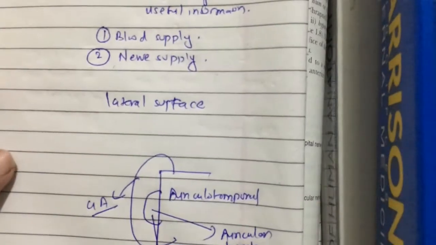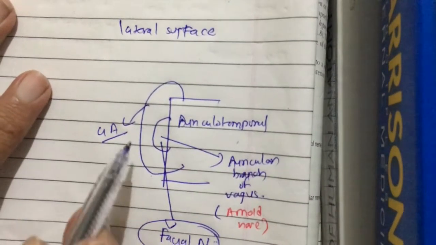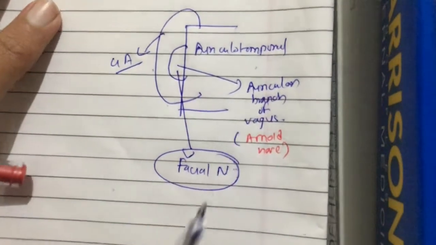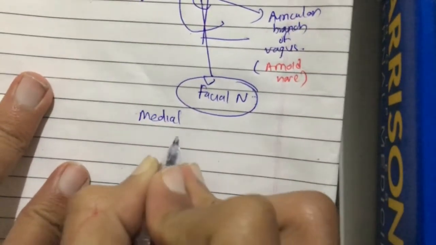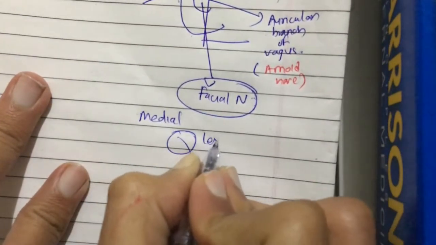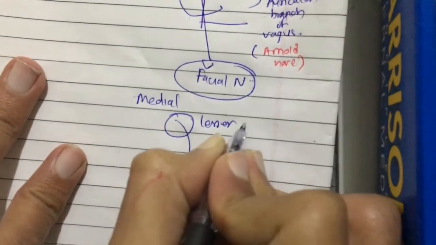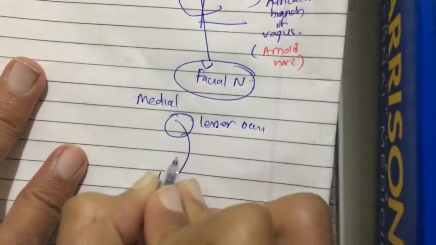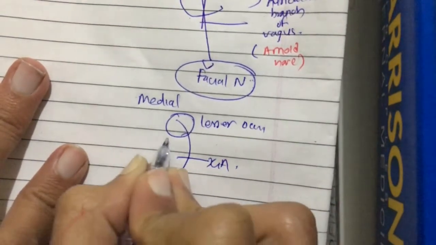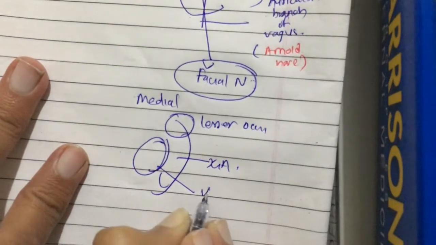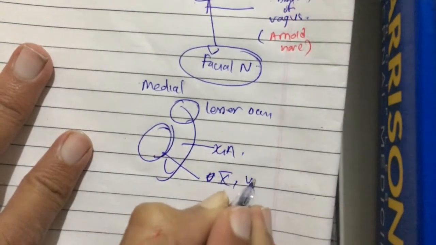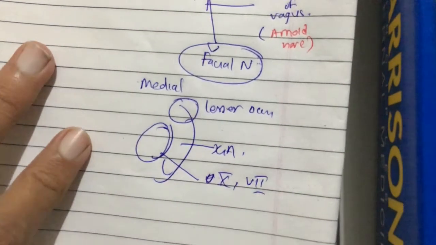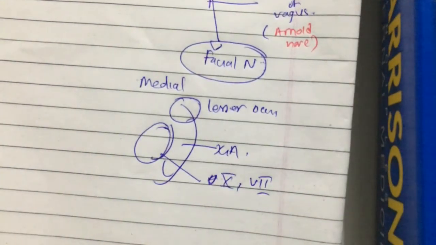So the lateral surface is supplied by the auriculotemporal nerve, greater auricular nerve, auricular branch of vagus nerve, and facial nerve. Whereas the medial surface is supplied by the lesser occipital nerve, greater auricular nerve, the auricular branch of the vagus, and the facial nerve.